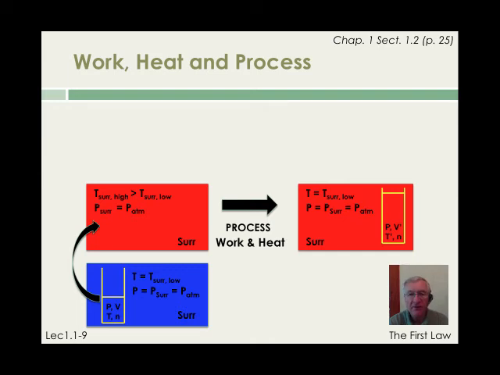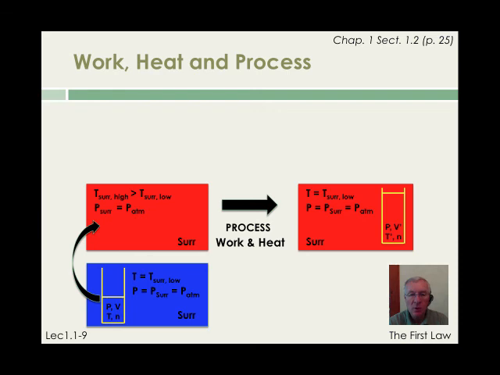In contrast, the energy is a state property. So unlike work and heat, energy, temperature, volume, and pressure are well-defined quantities for the system, both at the beginning of the process, the initial state of the system, and at the end of the process, the final state of the system.